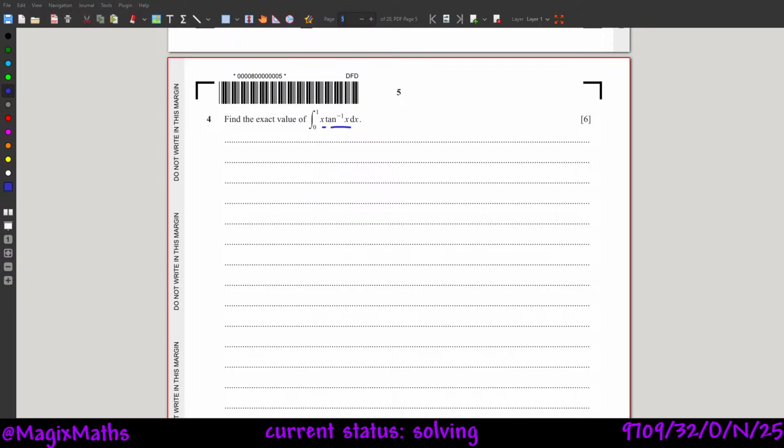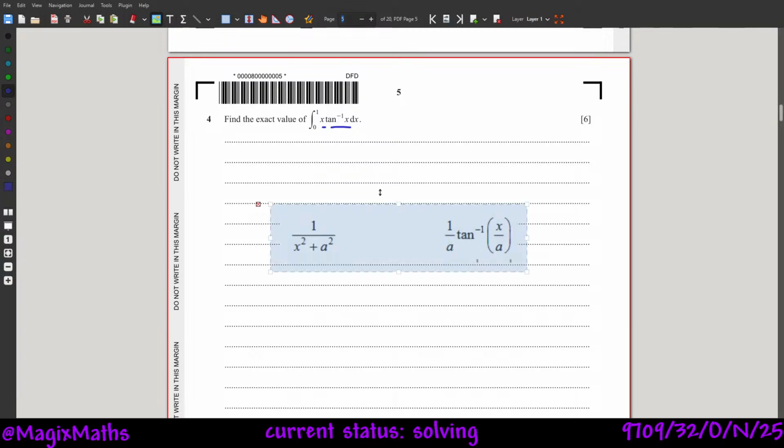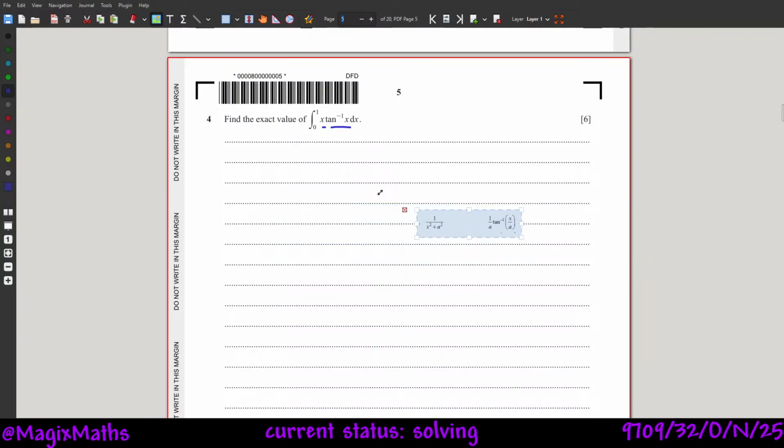Inverse of tangent. Oh, so yeah, I found this here, using this part from our MF19. I just missed that out. So we're gonna use this.